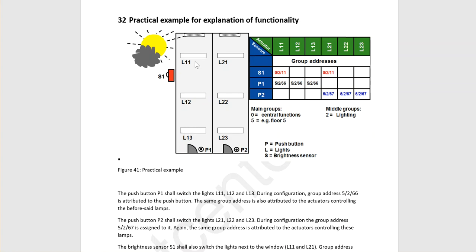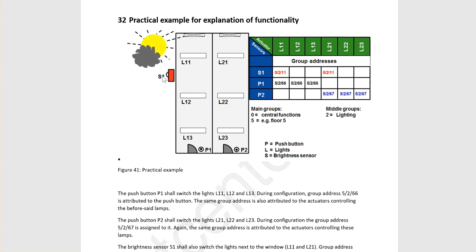These lamps represent the digital outputs of the relay actuator. There is one push button P1. And in room number 2 there are another 3 lamps, L21, L22 and L23, with the push button P2. And there is one sensor outside. It's a lux sensor, a brightness sensor outside, that determines the amount of brightness in lux.